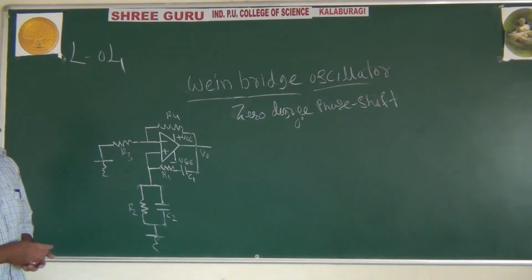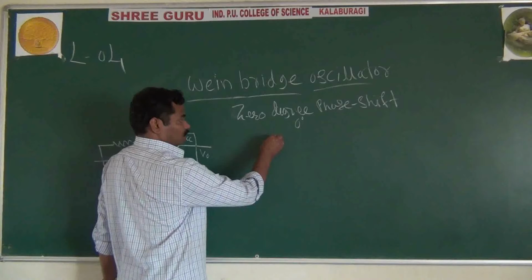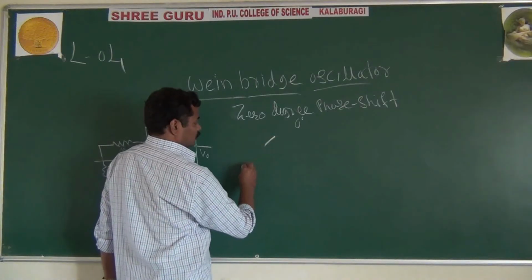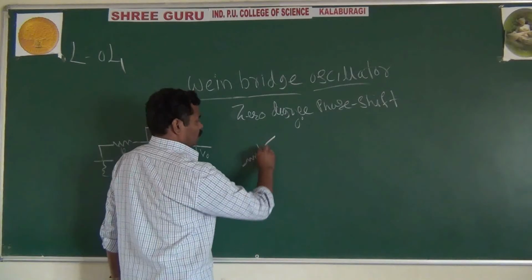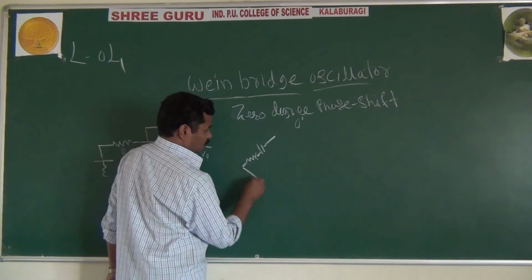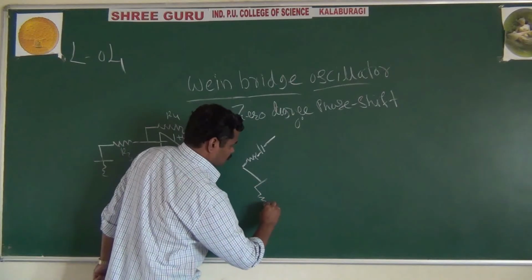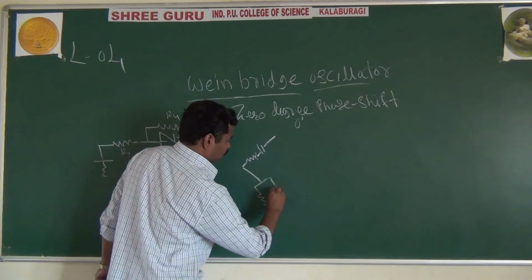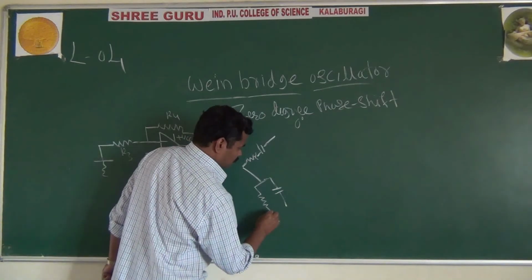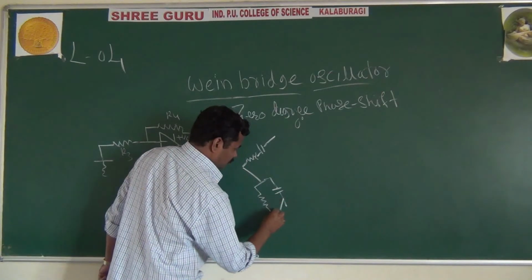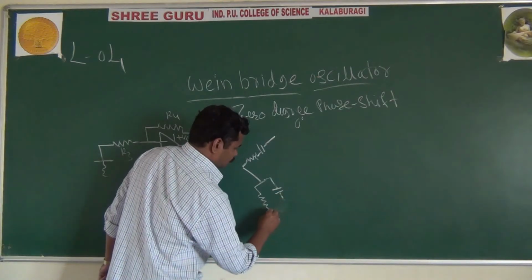Take another one here, where I can put a resistor and a capacitor, like that, and it has 4 arms.